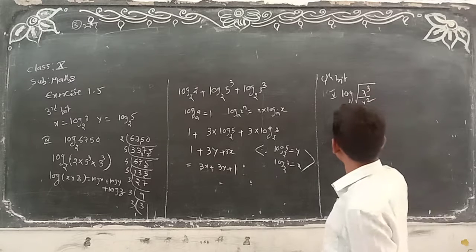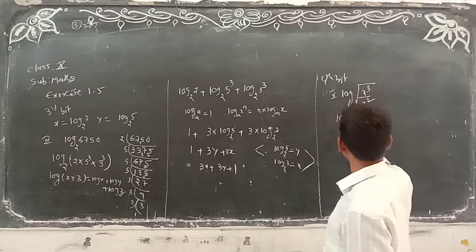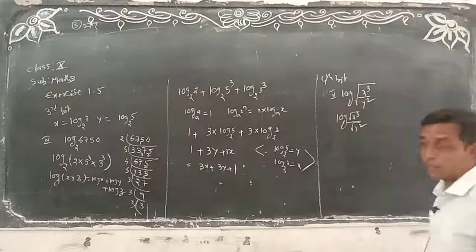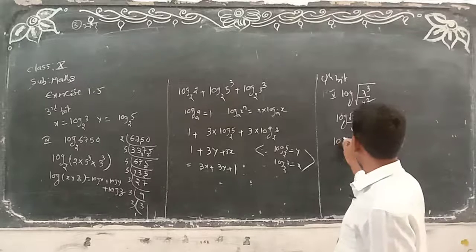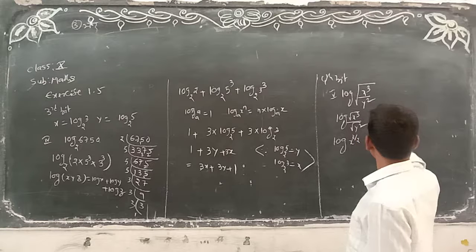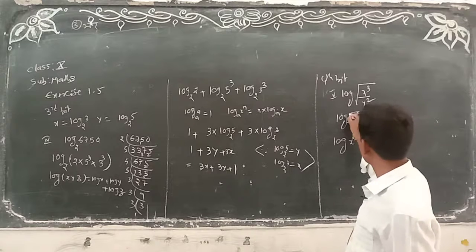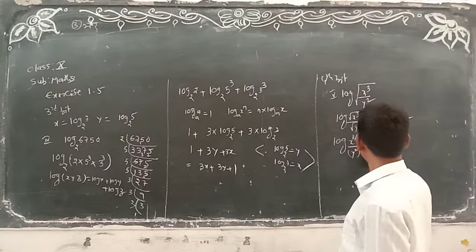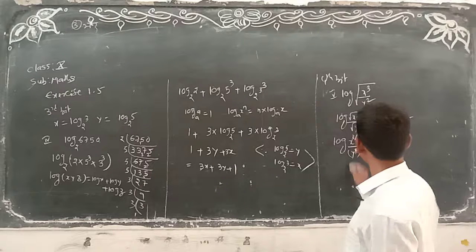Look here. First write down the log. Do x cube and root y square separately. Then log root x cube means what? x power 3 by 2. Why? Because root x is equal to x to the power of 1 by 2. Here, nothing there means 2. Same here also: y square whole power 1 by 2. The 2 gets cancelled.